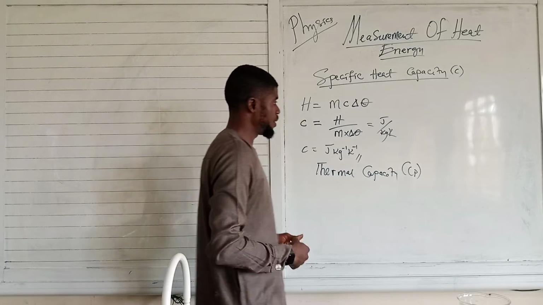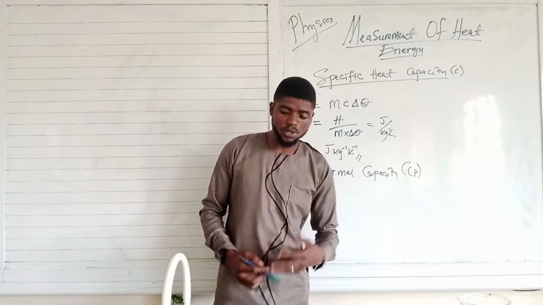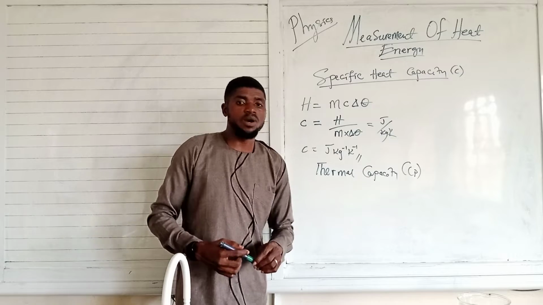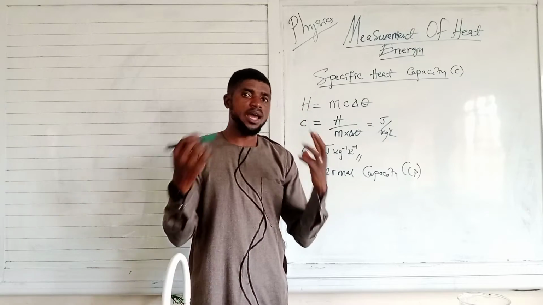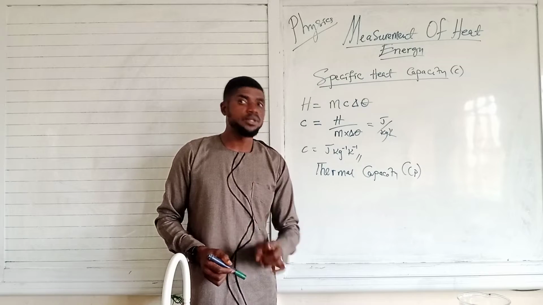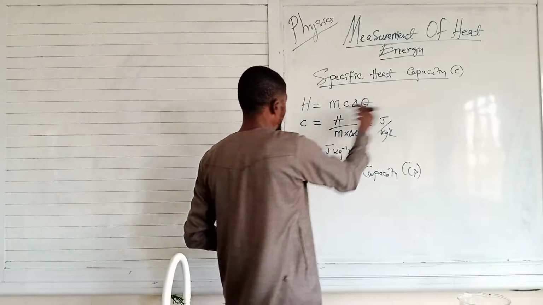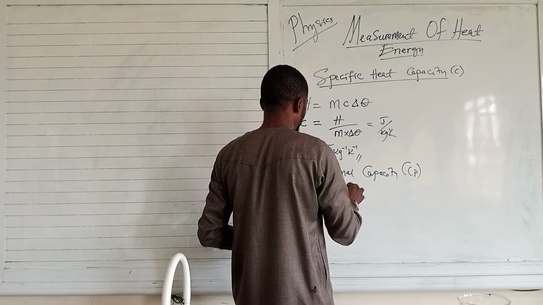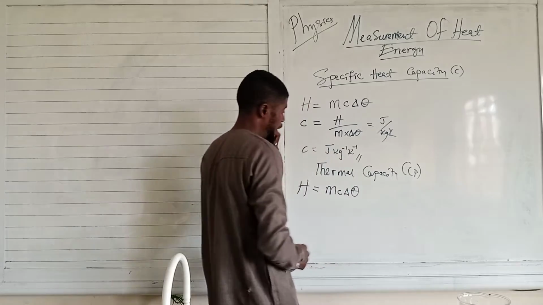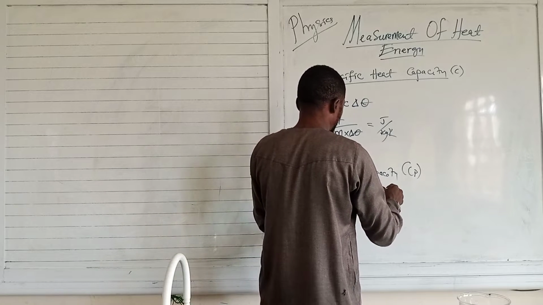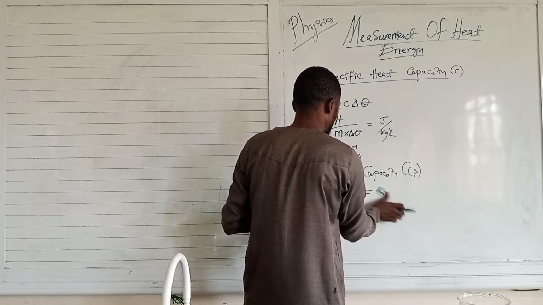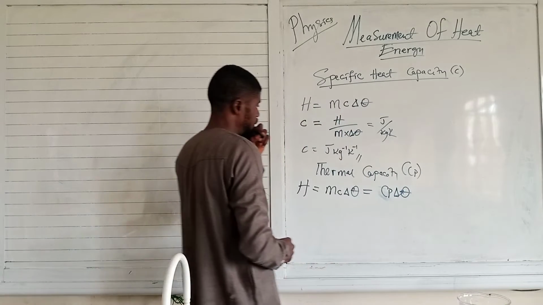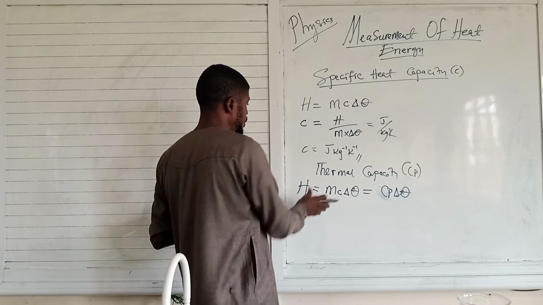The thermal capacity or heat capacity of a substance is defined as the quantity of heat energy that is required to raise the temperature of the entire mass of the body by 1 Kelvin or 1 degree Celsius. So from this equation, we have H is equal to mc change in theta, and this is also equal to Cp change in theta.